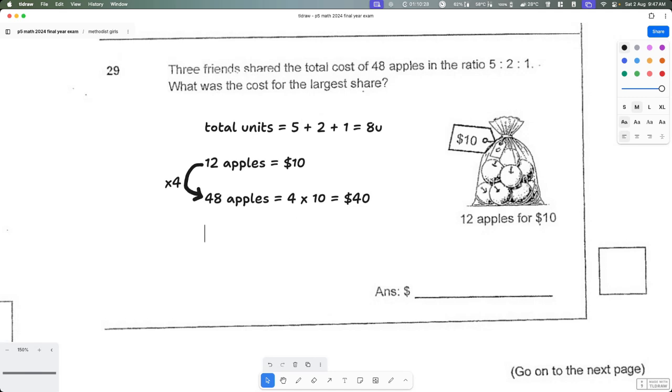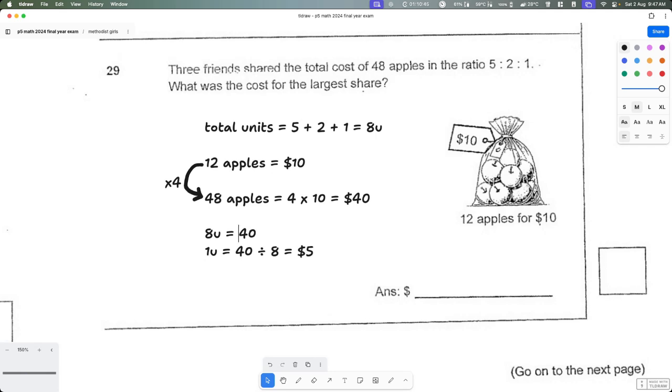So that means 8 units is equal to 40. What's the largest share? Let's calculate 1 unit first. 1 unit is equal to 40 divided by 8, which is $5.